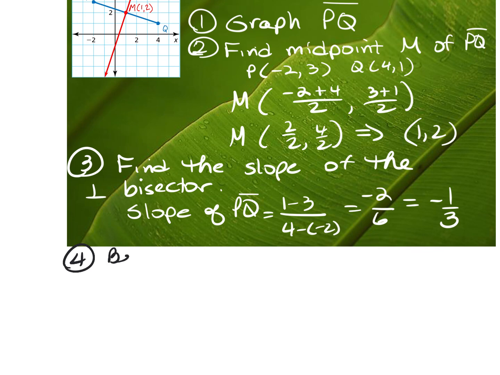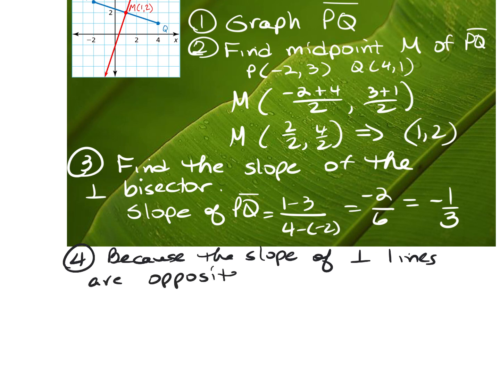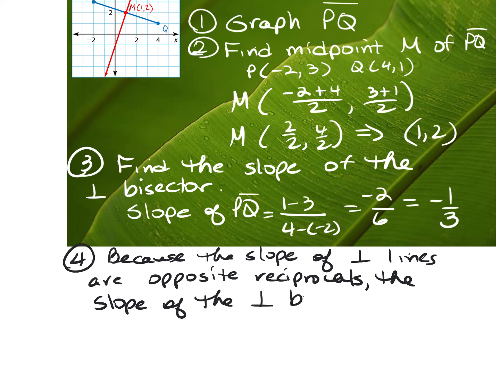So remember, because the slopes of perpendicular lines are opposite reciprocals, the slope of the perpendicular bisector is going to be positive 3.